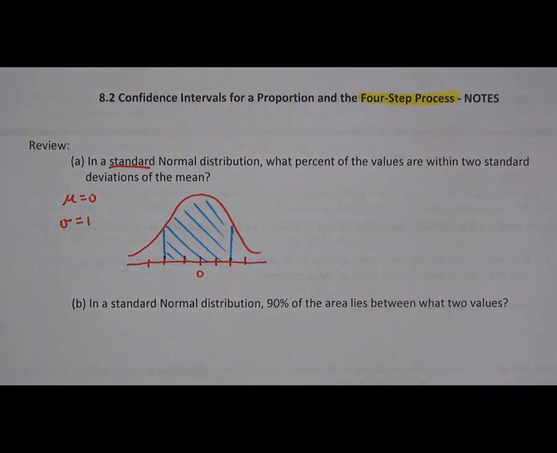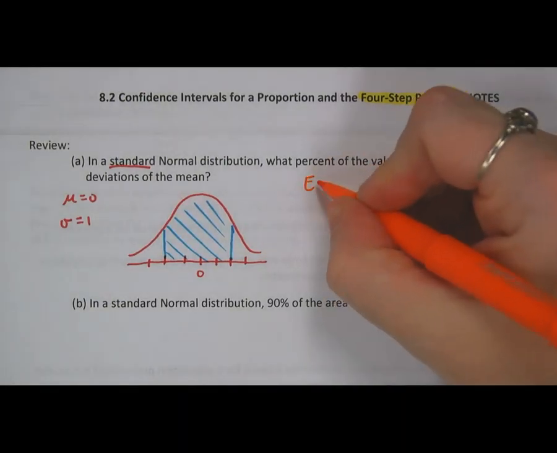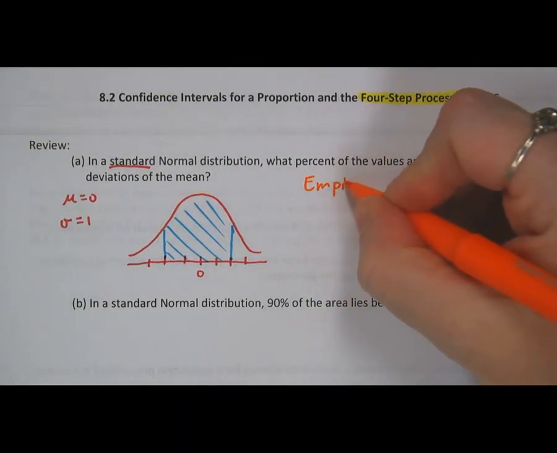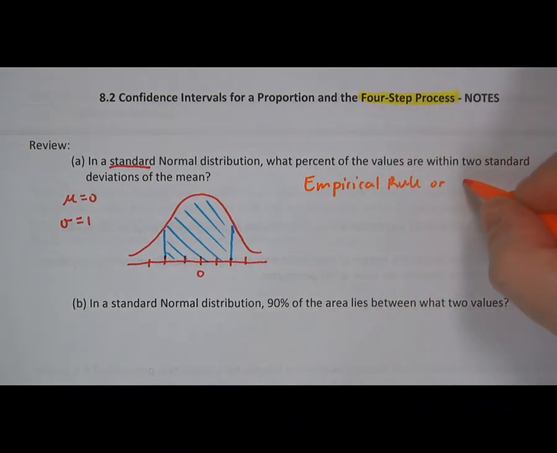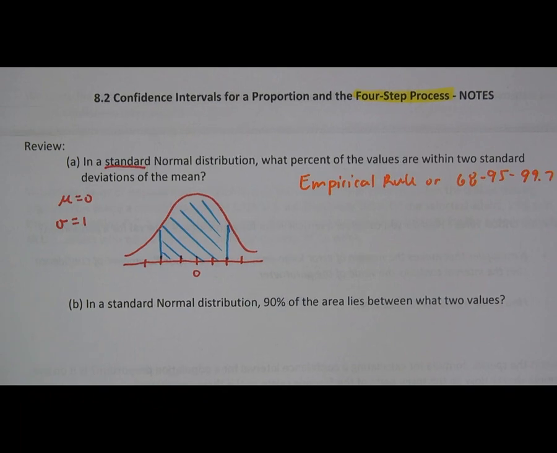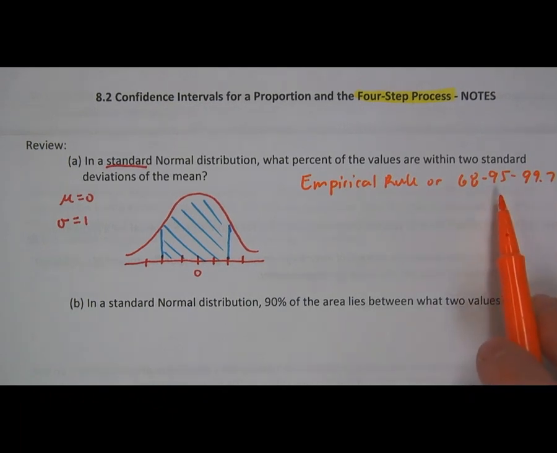And this goes back to something called the empirical rule, or the 68, 95, 99.7 rule. And the 68, 95, 99.7 rule kind of gives it away. It says that 95% of values are within 2 standard deviations of the mean.